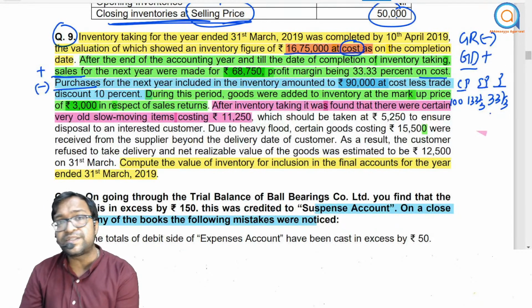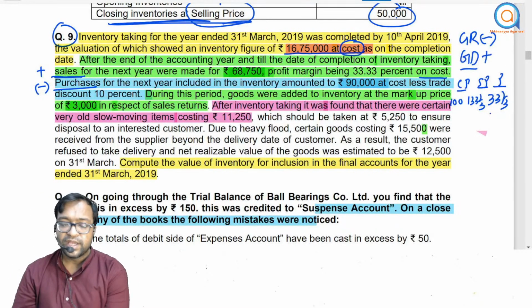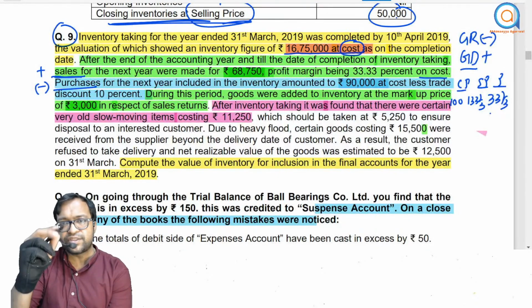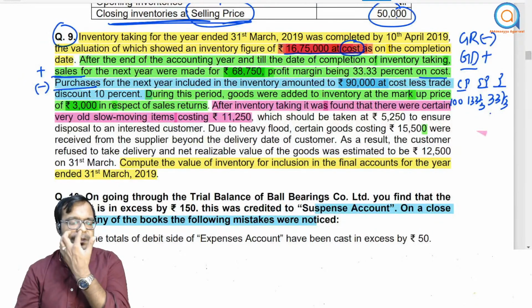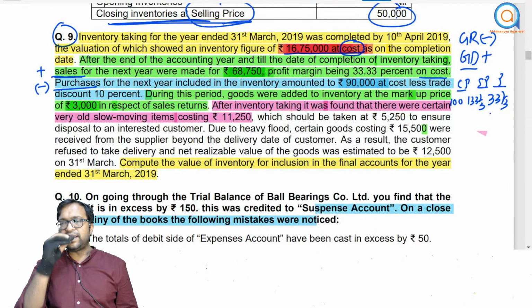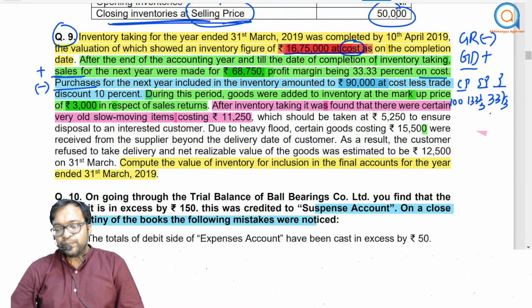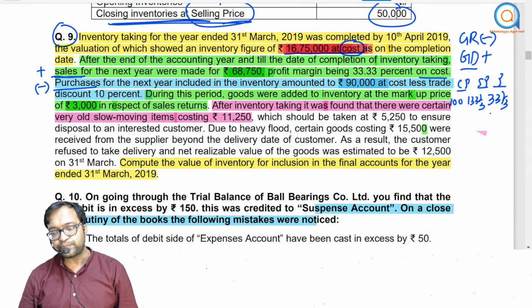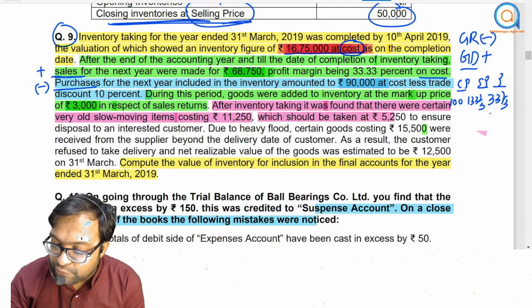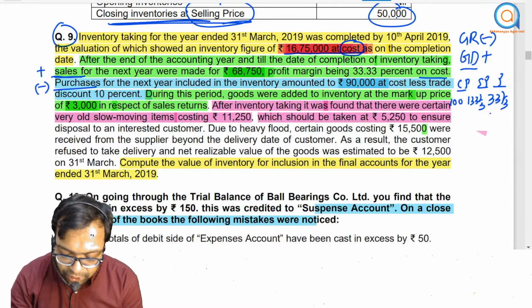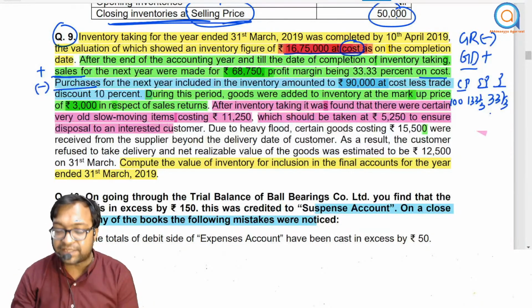The cost of those goods is 11,250. If it is not sold, surely it is included in 16,75,000. Correct? Which should be taken at 5250 to ensure disposal to interested customer.